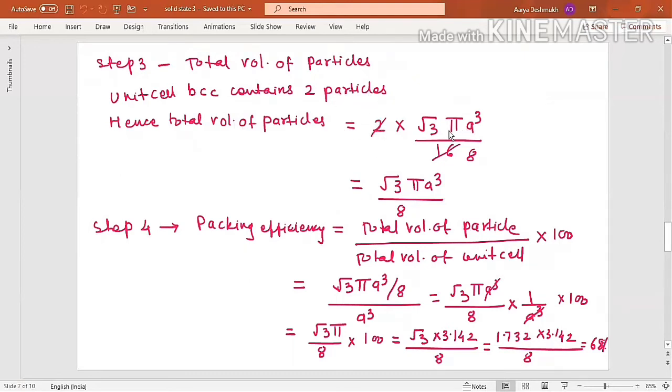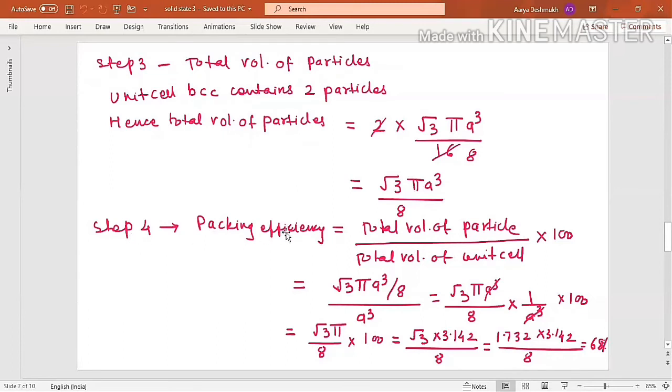This is the volume of one particle. When you multiply it by 2, 2 8s are 16, so we get the answer square root of 3 into pi A cube upon 8. This is the total volume of the particles in the body centered cubic lattice.